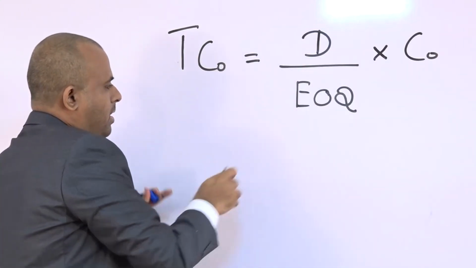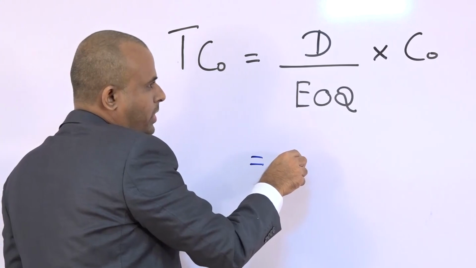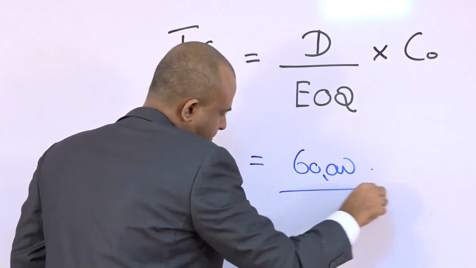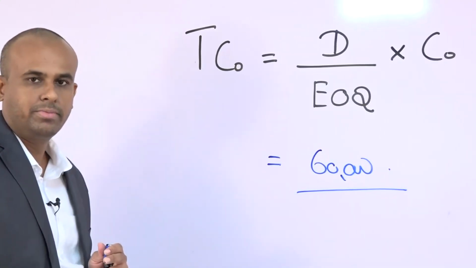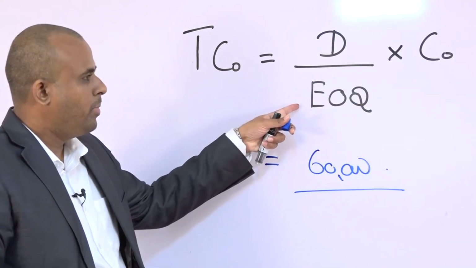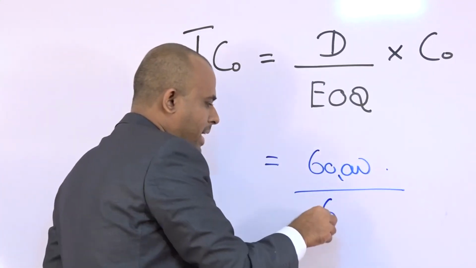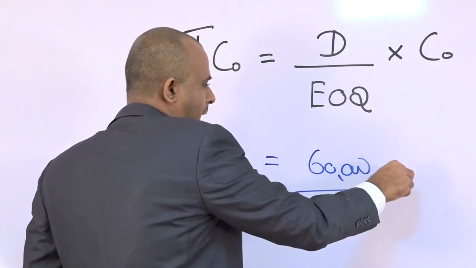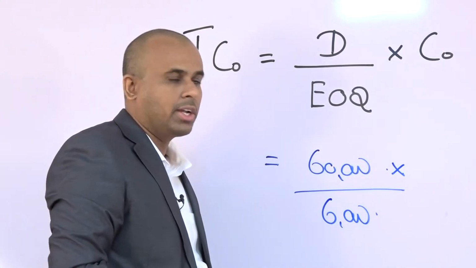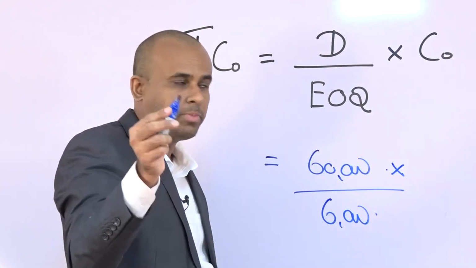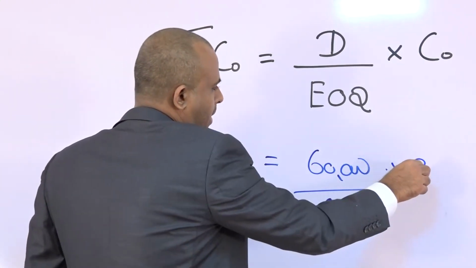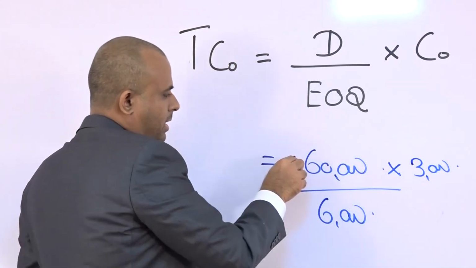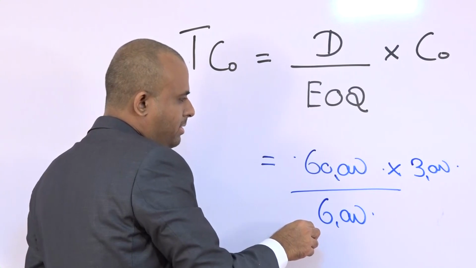How much is the annual demand? 60,000 units. The economic order quantity we calculated as 6,000 units, and that you have to multiply by the cost per order. Cost per order is 3,000, if you can remember. 60,000 divided by 6,000, you got 10.